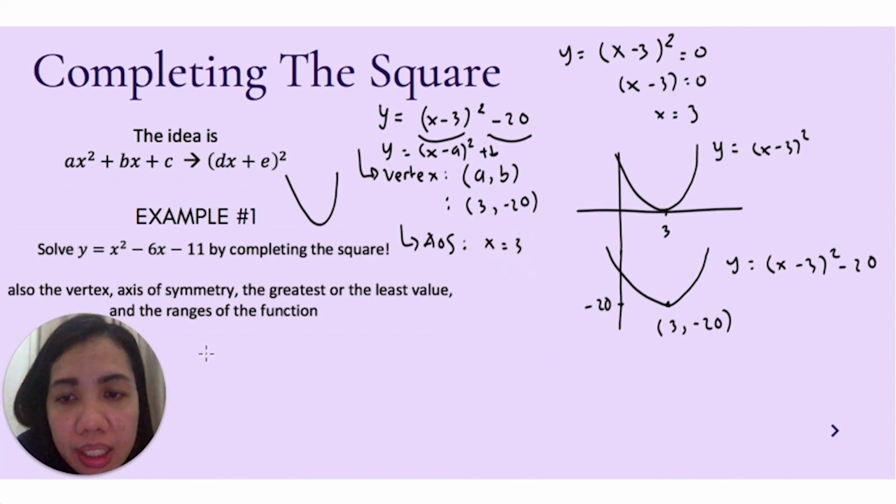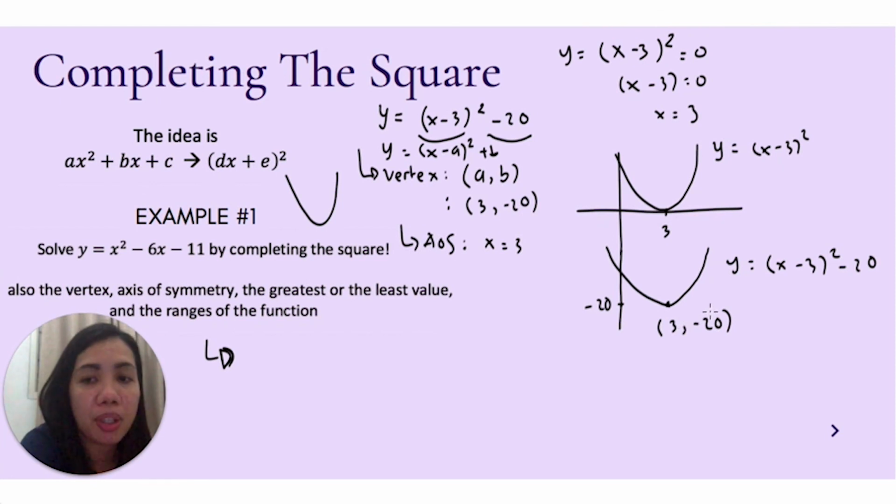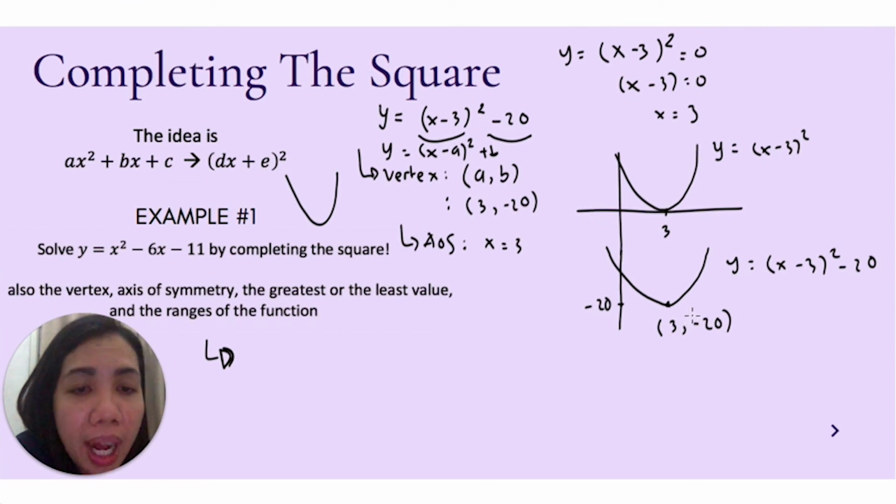And then the other thing about the greatest or least value. Okay, based on what we have here, this is an open upward parabola. So it means that this parabola only has the least value. Whenever we are asked about the least value, we are asked about the value of y of the vertex. Okay, pay attention to this.